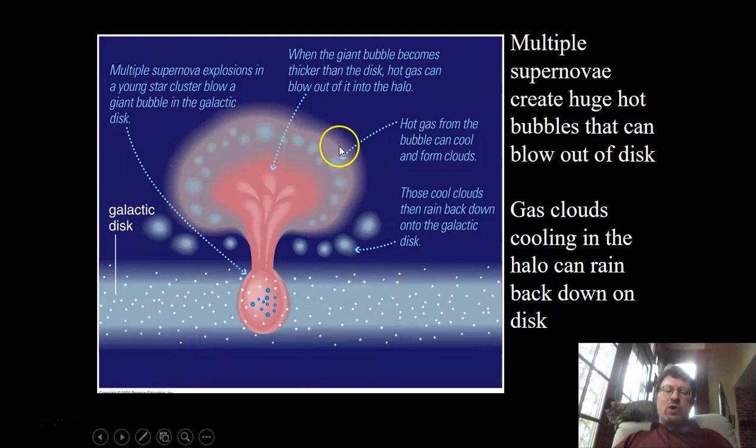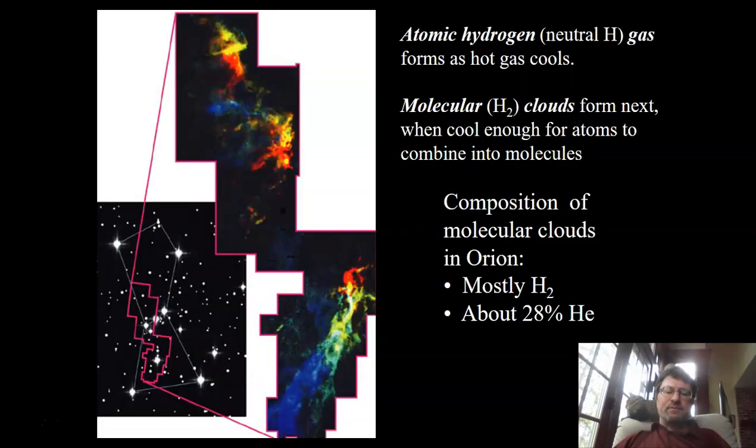And so those cool clouds that condensed out of this bubble fall back down, mix in with the material from the disk, and that can spread that material out throughout. And so the next generation of stars that forms is going to have a higher percentage of metals in it, metals being elements that are heavier than helium on the periodic table, because it's been contaminated or polluted, if you will, by these heavier elements from supernova remnants, supernova explosions.